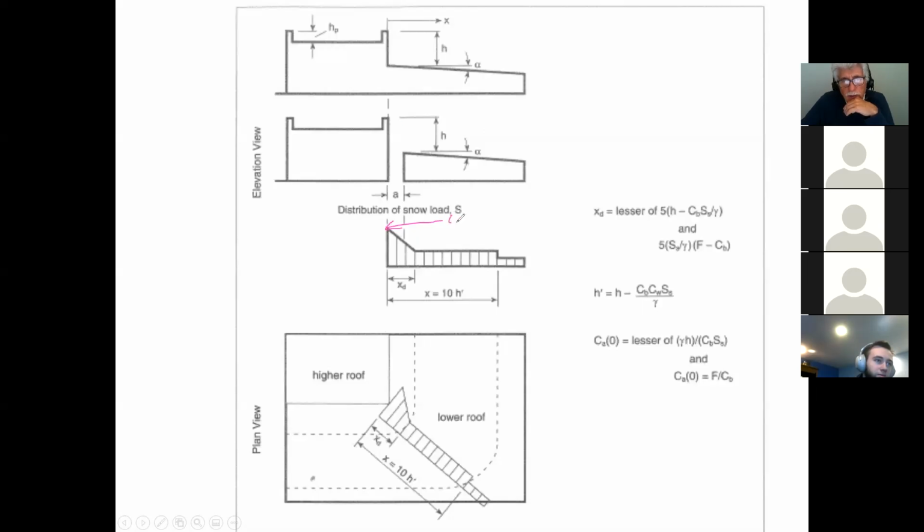When you calculate the value of CA at O, what they mean is that the distance x is equal to 0. That is CAO right there. And then after that, you can assume it to be linear over a distance xd. And how do you calculate that distance xd? We'll learn how to calculate that distance. So that's what they mean by that statement.